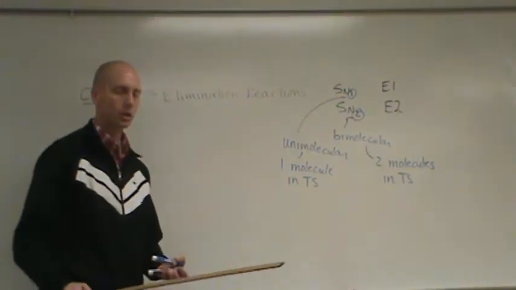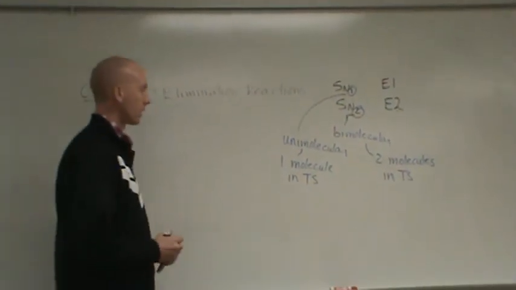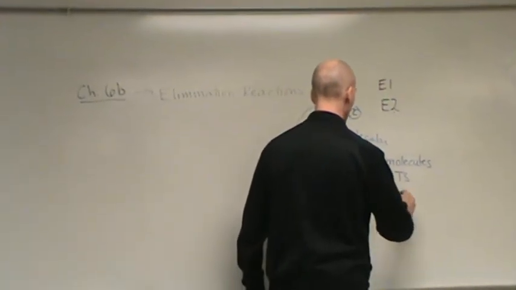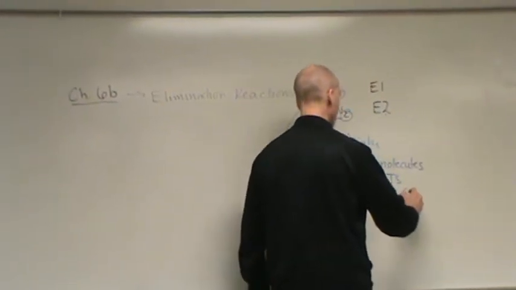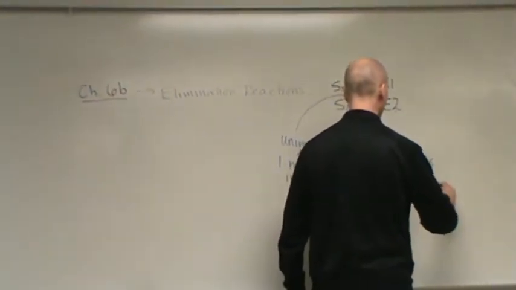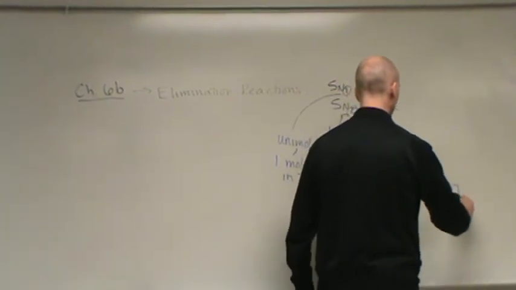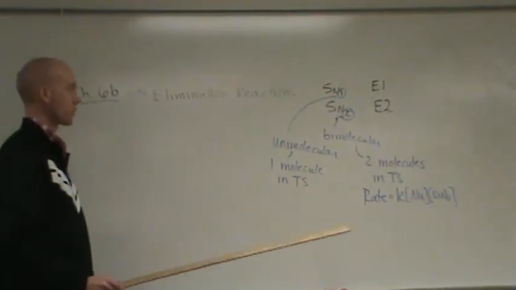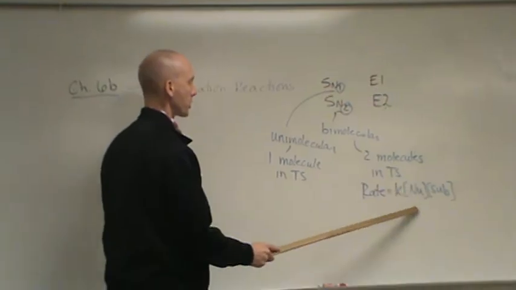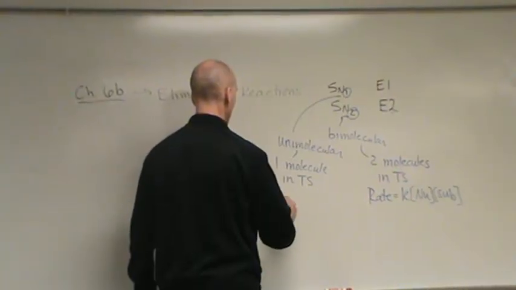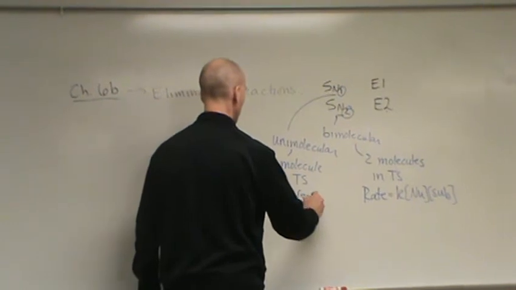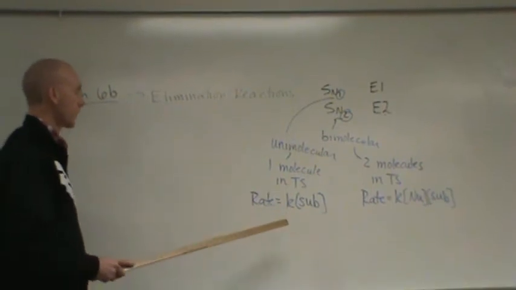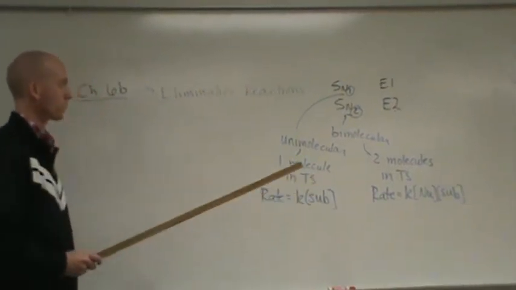So this is often shown in the rate equation. For bimolecular, the rate equation involves the concentration of both. For unimolecular, the rate equation only involves the concentration of the substrate.